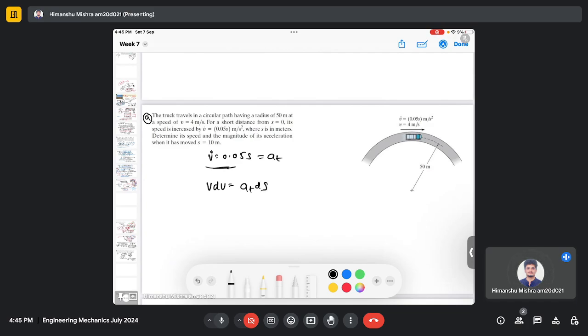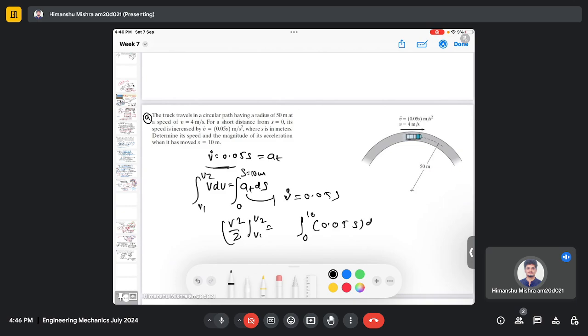In the beginning of this class, we derived this expression. I integrate from v1 to v2 and from 0 to s equals 10 meter. So it will be v squared by 2 from v1 to v2, and here a_t is v dot, which is 0.05 s. So it's the integral from 0 to 10 of 0.05 s ds.